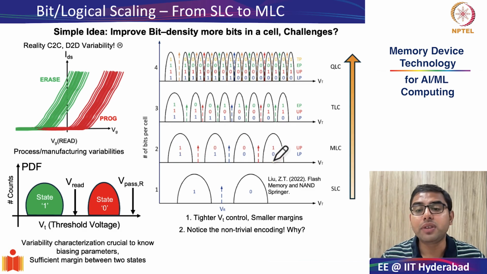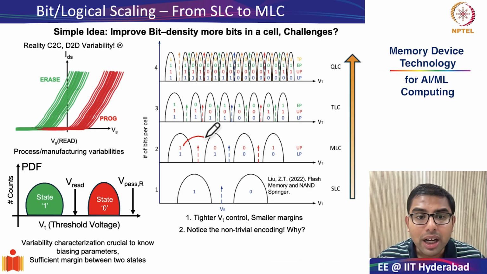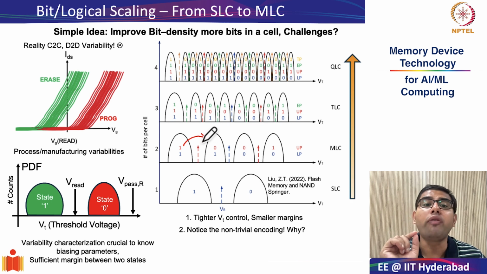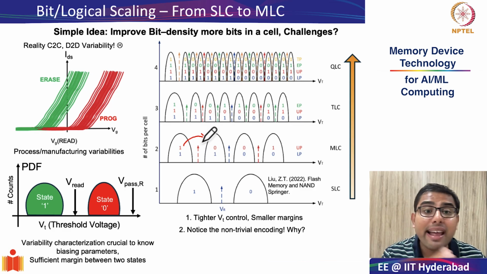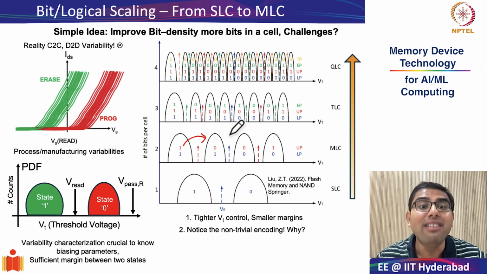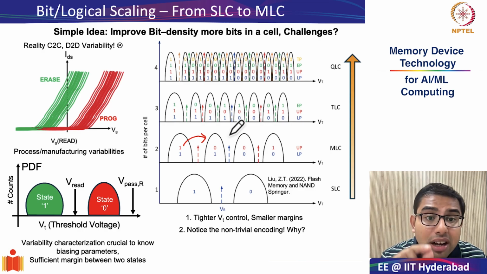Why have we shuffled up the bits to have such non-trivial coding? If you notice very carefully, among adjacent states the bit values are separated by a Hamming distance of only 1. This means that for every neighboring state, only one bit changes. This is very helpful to minimize the error rate, because if there is any shift of Vt from one level to the other, because of the broadening of this distribution or because of any error in reading, it will only result in one bit error.